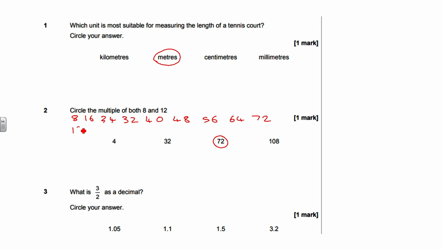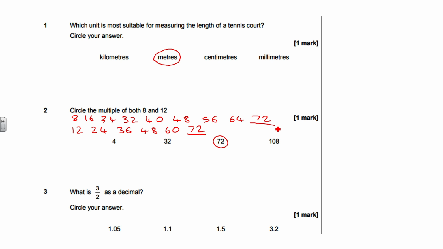And we do similarly with 12, 24. See, 24 is there twice, but it's not in our list. 36, 48, again, it's there, but not in the list. 60, 72. So it's not the lowest common multiple, but it is a common multiple of 8 and 12.